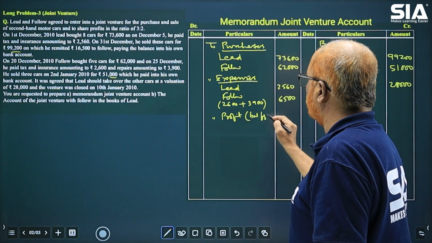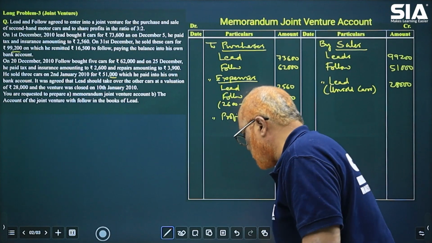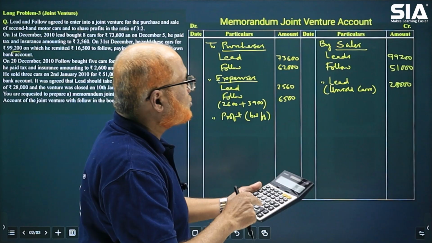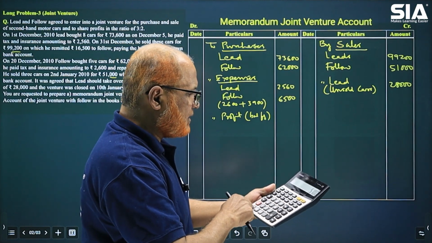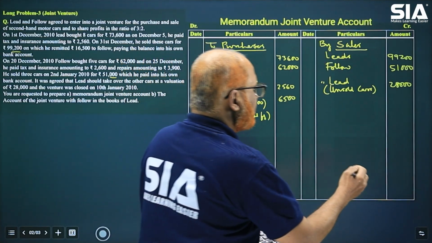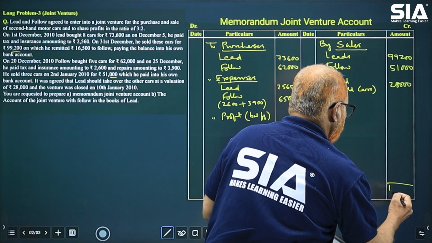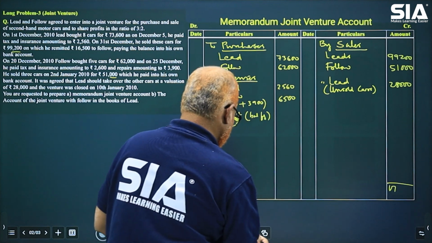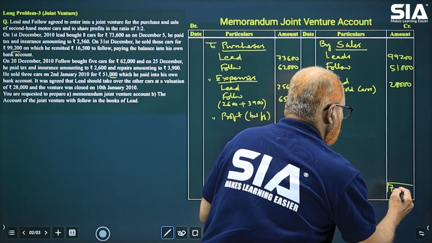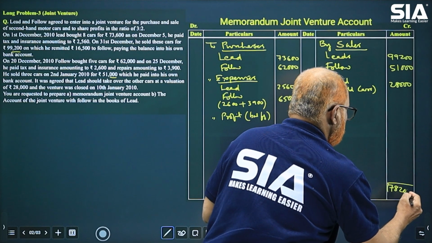Balancing figure. Now see carefully what is the total on the credit side. The credit side total is 99,200 plus 51,000 plus 28,000, which is 178,200.